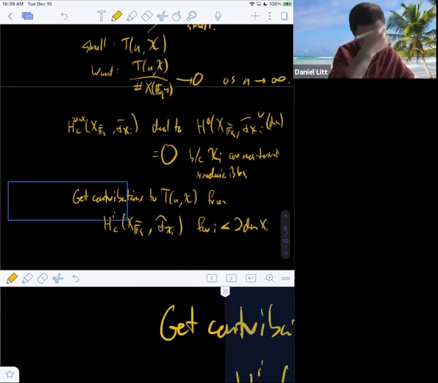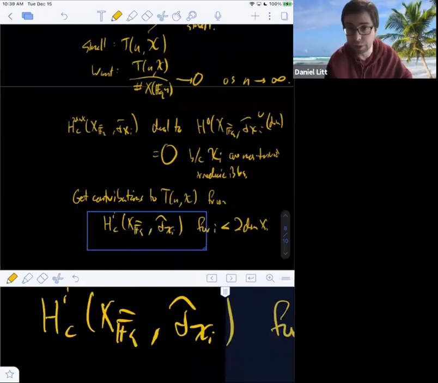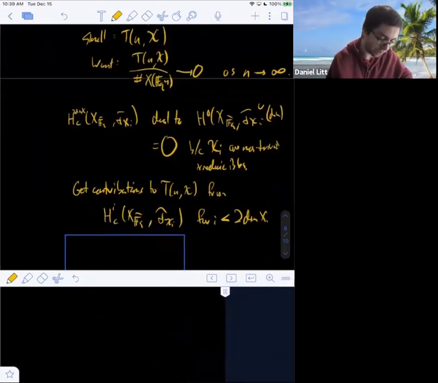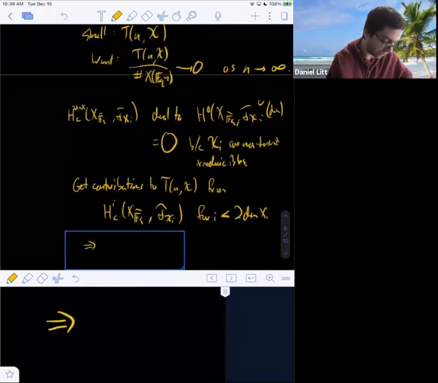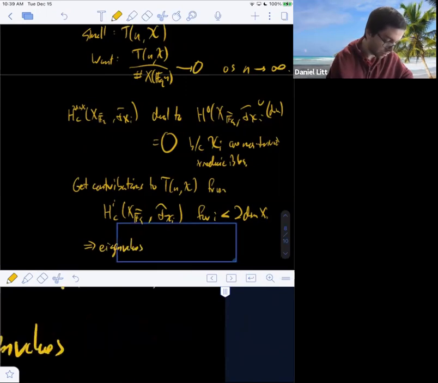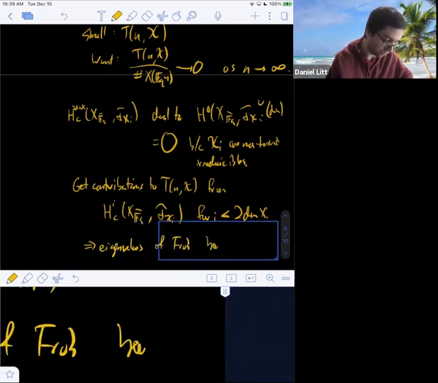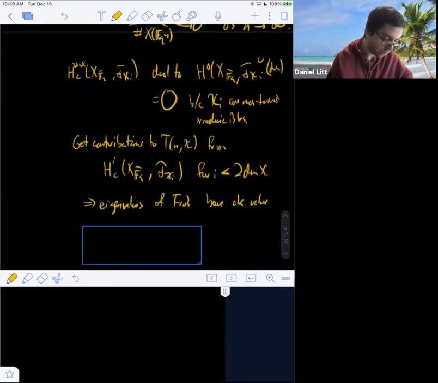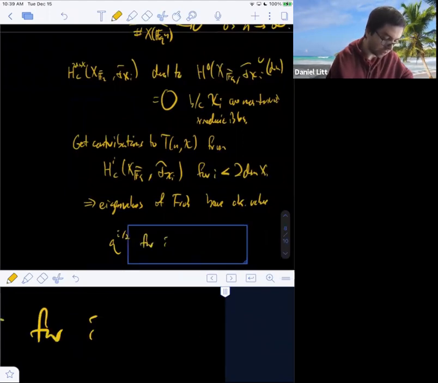Okay, and now this Weil II theorem. So the interesting part, for example, if your curve is H^1, what this says is that the eigenvalues of Frobenius have absolute value q to the I over 2 for I less than twice the dimension of x.